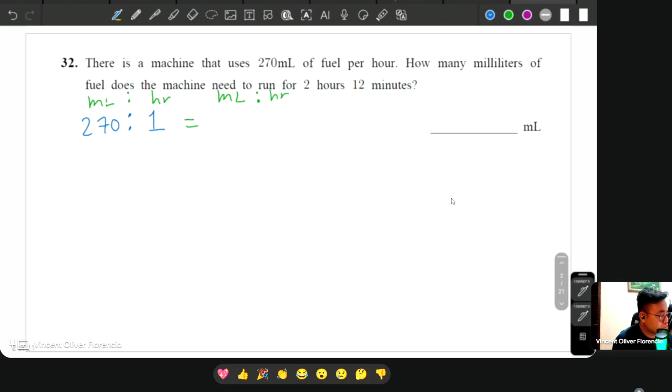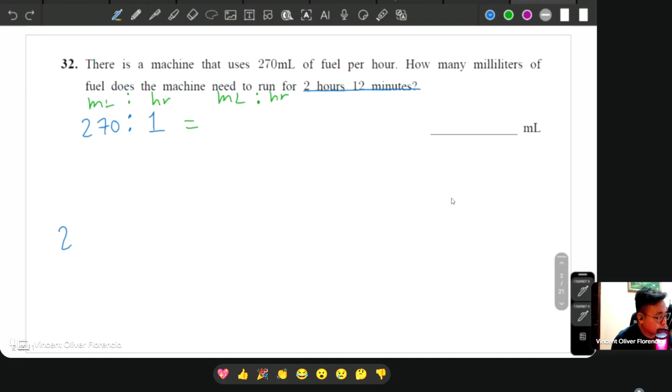The other pair, we have here 2 hours and 12 minutes. I'm going to write that as 12 over 60. Why? Because it says here this is in terms of ml, this is hours. We have to be very consistent.